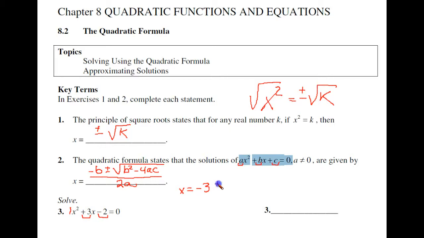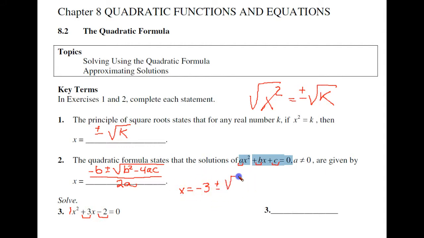An interesting thing happens anytime that b is negative here. We have a negative of a negative b, which makes this b a positive. But right now it's a negative because it's negative a positive 3, which is negative 3.